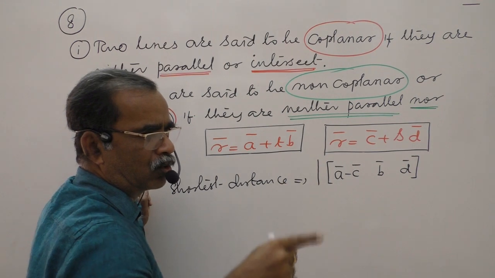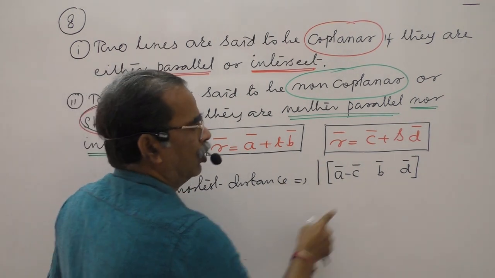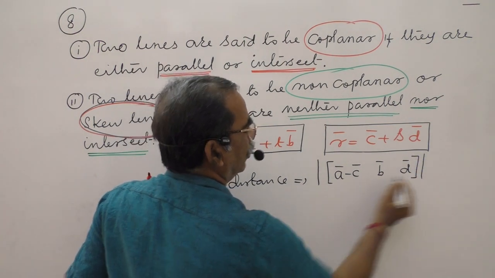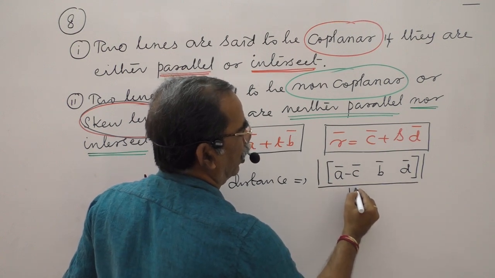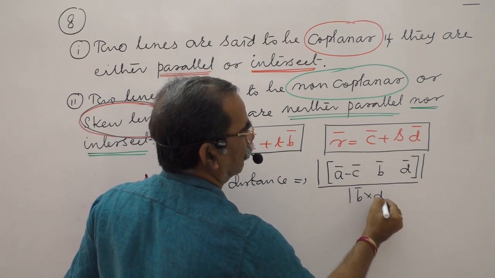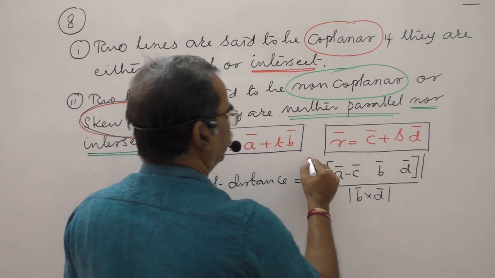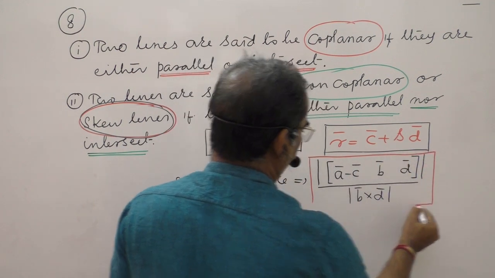If you join the two points, a on the first line and c on the second line, you get a vector. That's what I wrote here: a minus c, b, d, divided by the magnitude of b bar cross d bar. This is the shortest distance between two skew lines.